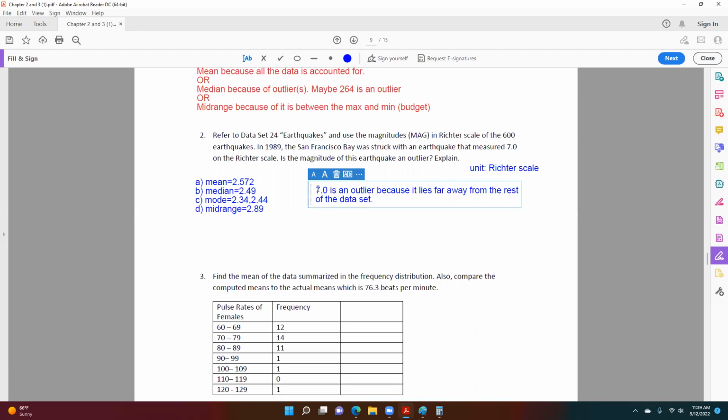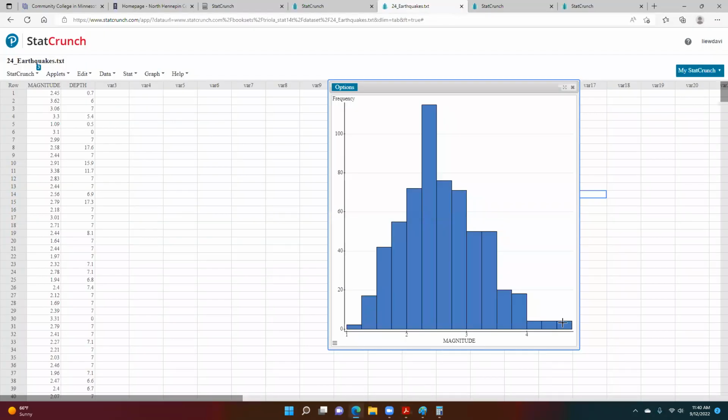So again, we did not use a formula to calculate this. We just used the histogram. Some students will ask me, is that a good way to do it? Well, I will say not really, because you haven't learned the correct way to find outliers yet. But as we know, by looking at the histogram, 7 is a little bit off here, so it's kind of obvious that it is an outlier.